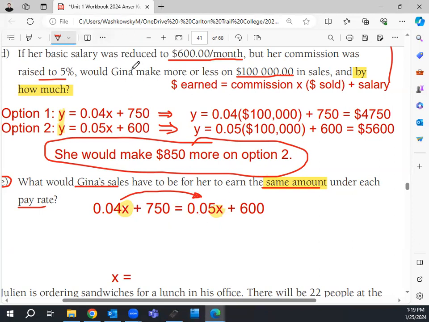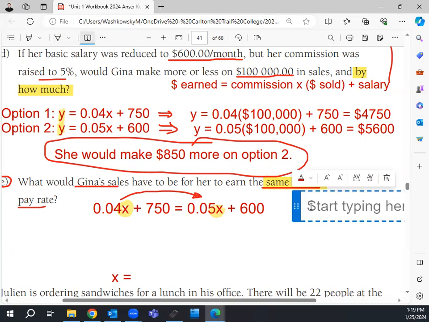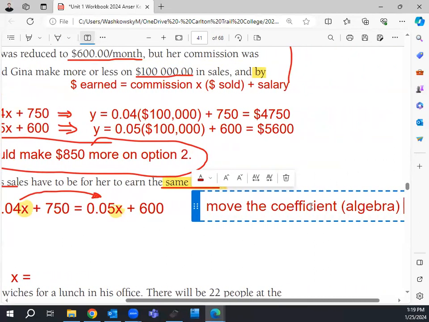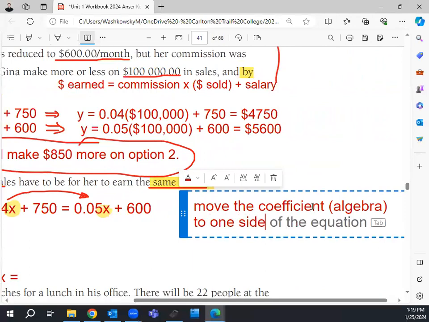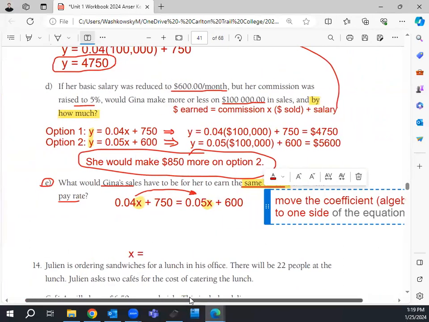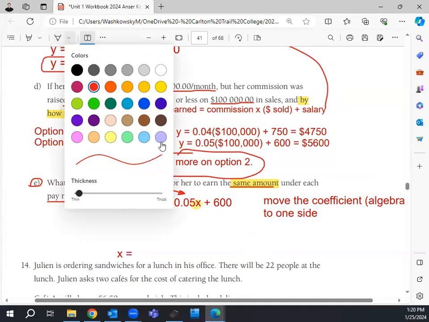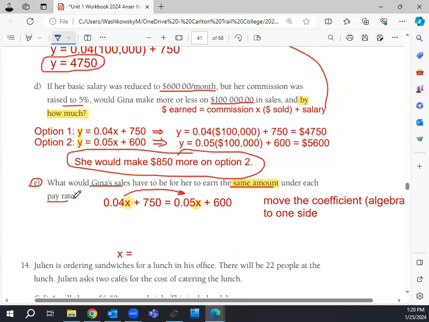So what do I need to do? Just like before, I need to move the coefficient. That's the fancy word for algebra. I'll zoom out in a second. I need to move that 0.04x or the 0.05x. I'm going to choose to move the 0.04 because I don't want to deal with a negative. So what do I need to do? It's being added on to 750, so I need to subtract 0.04x.